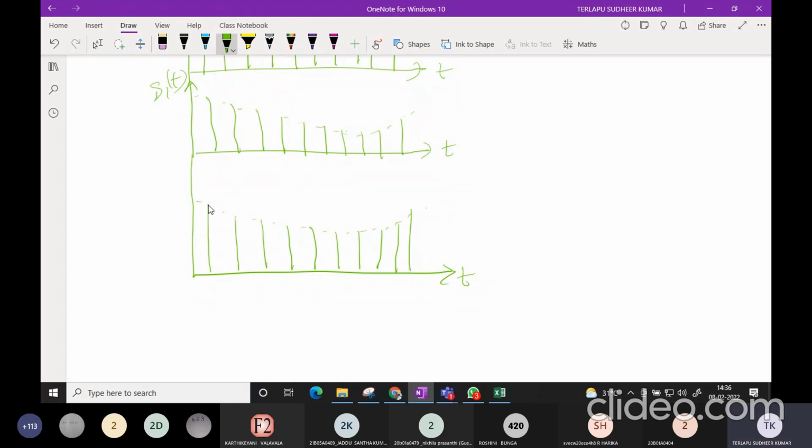When this is given to the pulse broadening network, the job of the pulse broadening network is to increase the width of the pulse like this. It simply increases the width from dt to tau.